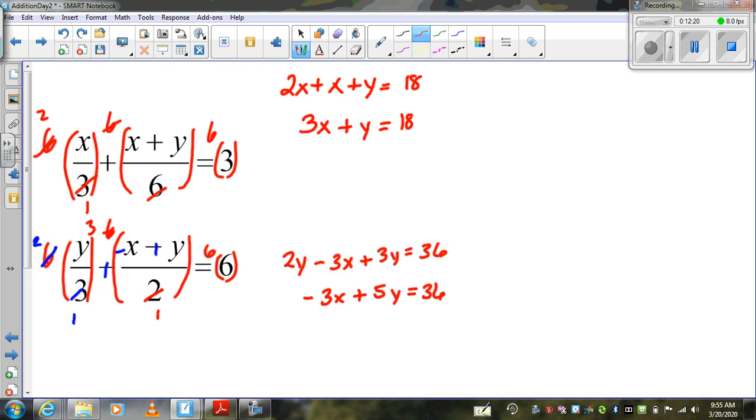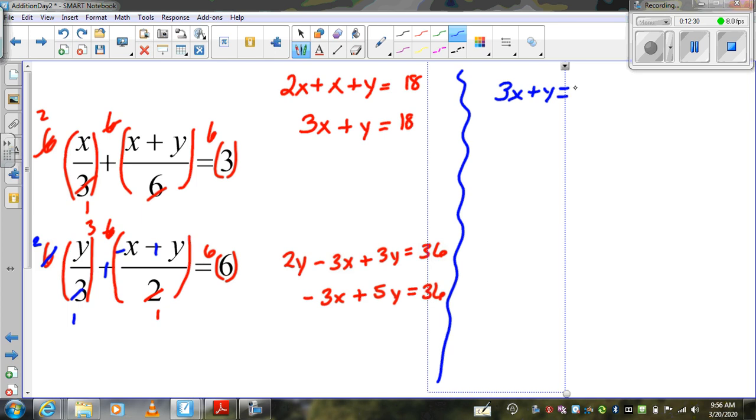Okay. So now I'm going to rewrite it over here. So 3x plus y is 18. And the other one I'll bring up here, that's negative 3x plus 5y is 36.